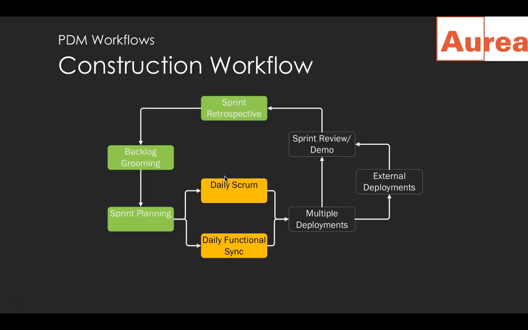And after the demo is done, then the sprint retro. This is where the big motivation is to identify lessons learned: what to do, what not to do, and what to do more. Those ideas can be raised here.